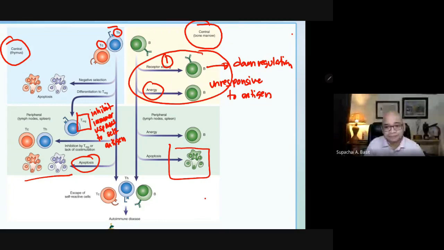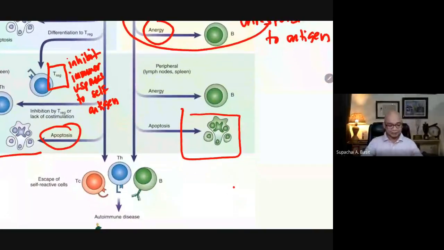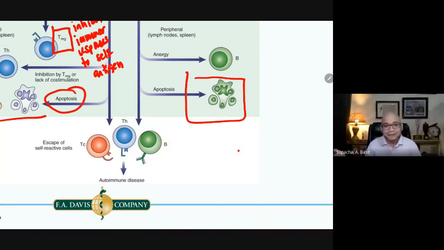Now, there are self-reactive T cells and B cells that have escaped the secondary lymphoid organs like the lymph node and spleen. And they are actually being removed by means of what?